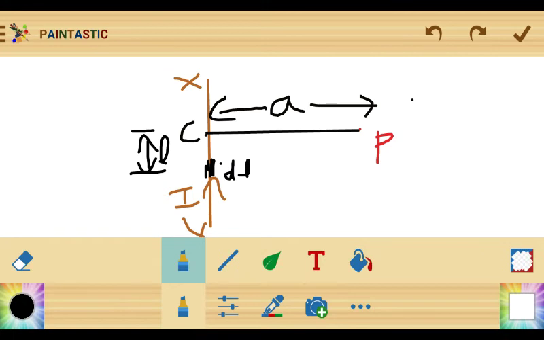From C it is at distance L, and its length itself is dl.